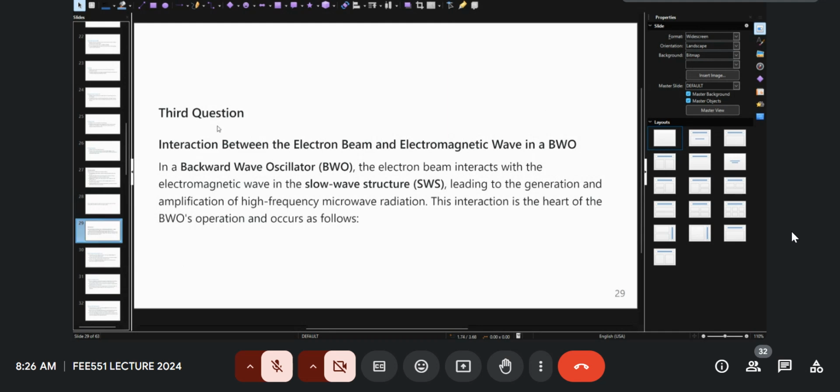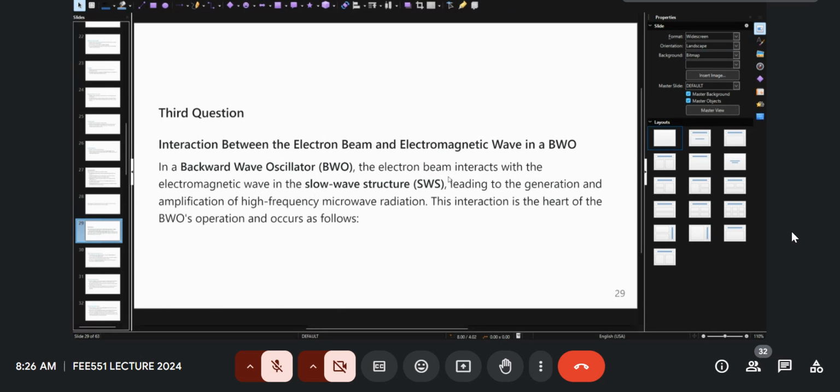Another question is the interaction between the electron beam and the electromagnetic wave in a BWO. What does it look like? Remember, we talked about the backward wave, from its name.